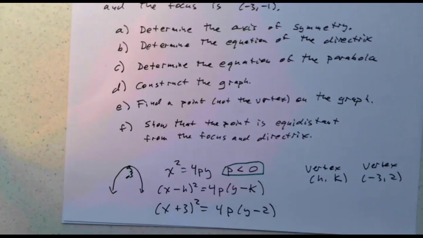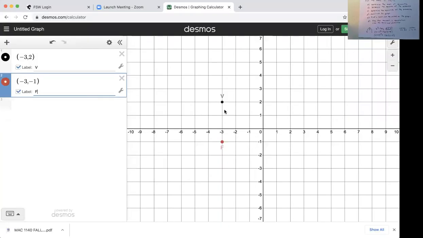So let's go back and look at our picture to see what we have. From the vertex to the focus, count 1, 2, 3. It looks like p is 3 or p is -3. So knowing that, where does that put me?